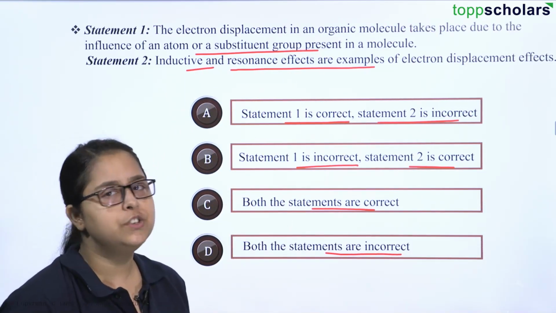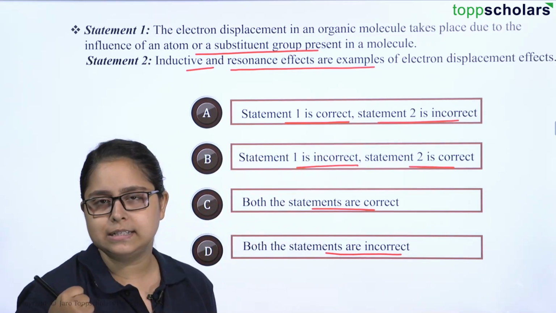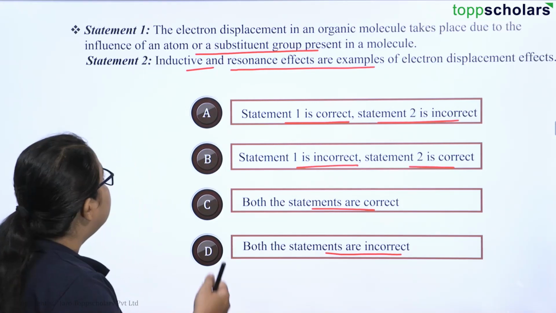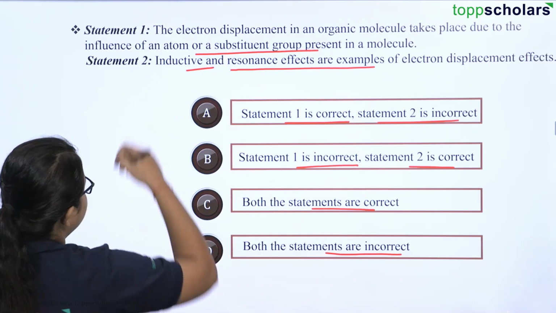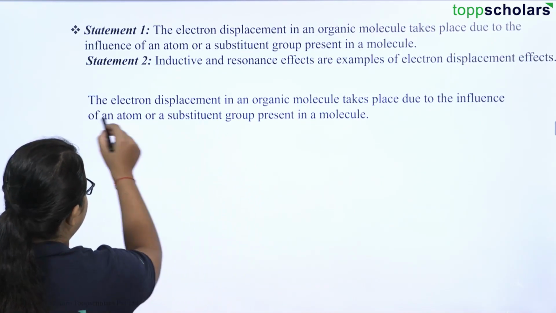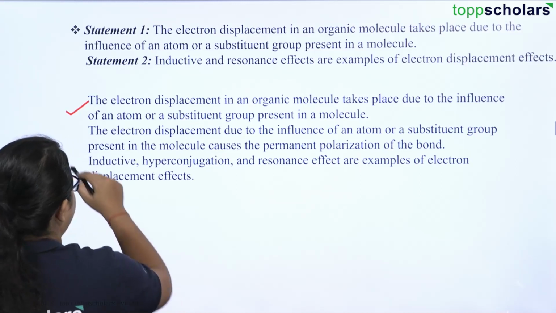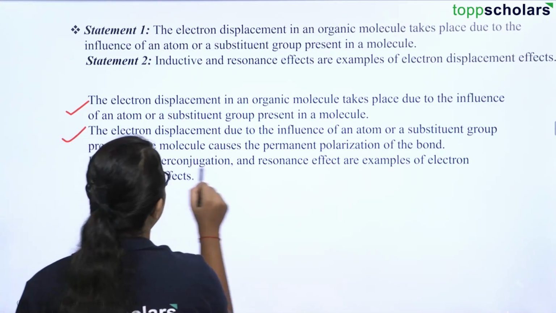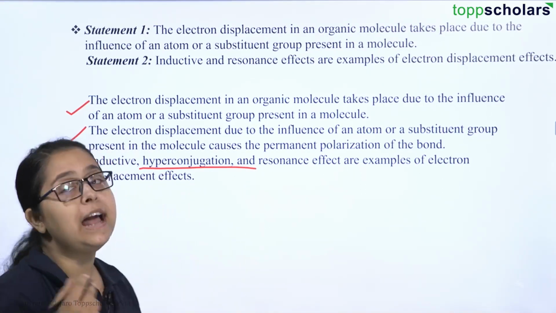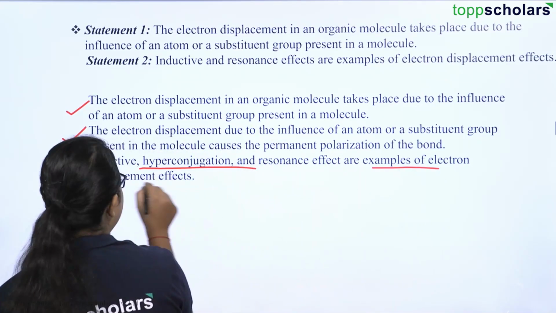Also, hyperconjugation is an example of permanent electron displacement effects. So, with our analysis, we can say that both the statements are correct. The first statement is correct, and the second statement is also correct. For example, inductive, hyperconjugation and resonance effects are examples of electron displacement effects.